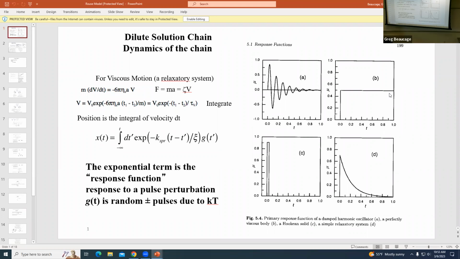And if it's a Hookean solid, you push it and it springs back. Those are the two classic responses. The spring constant one springs back, and the drag coefficient one is push and it goes. If you combine those two, you get basically this exponential decay. It goes and it stays, but it kind of flows too.